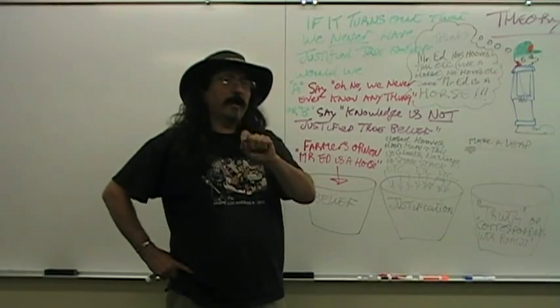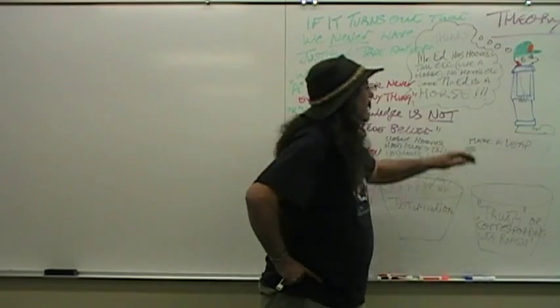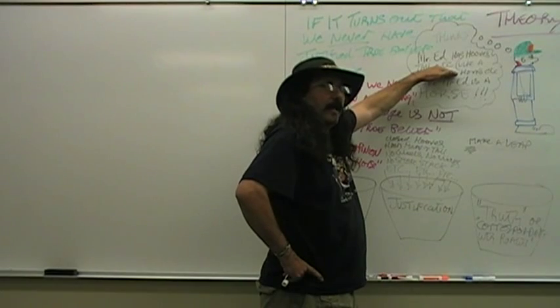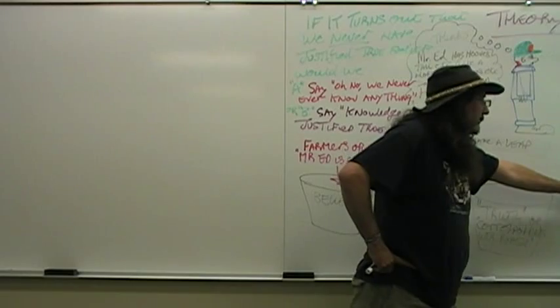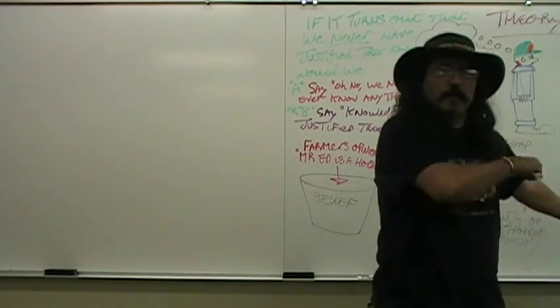You were on the right track, because look at this diagram I drew. In my description of the farmer, I didn't say anything about truth. In my description of Plato, I had a description of truth.